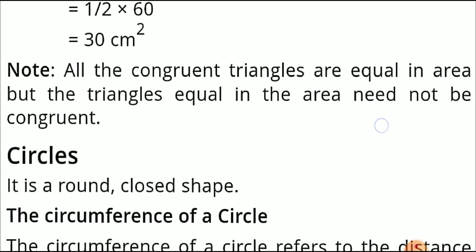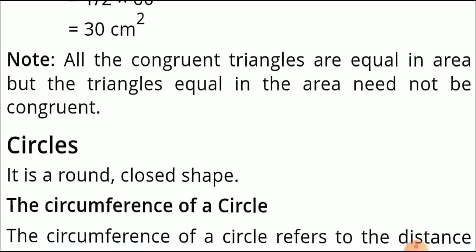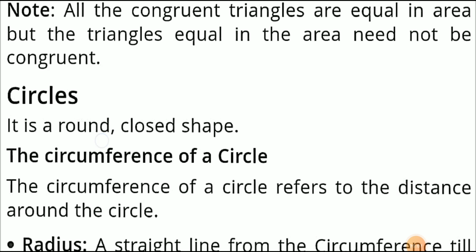Circle. What is a circle? It is a round, closed shape. The circumference of a circle refers to the distance around the circle.